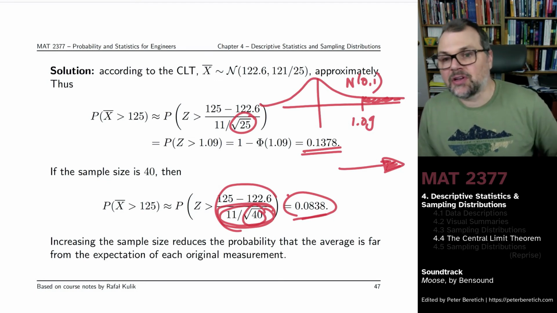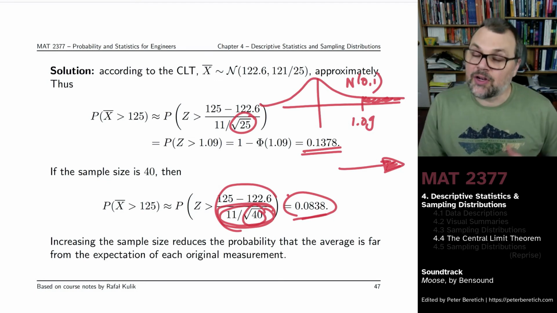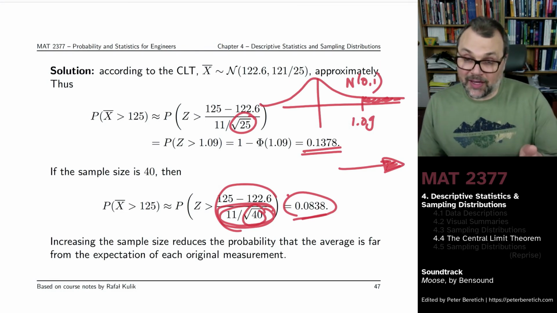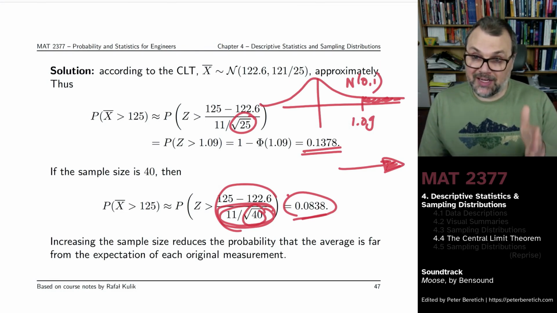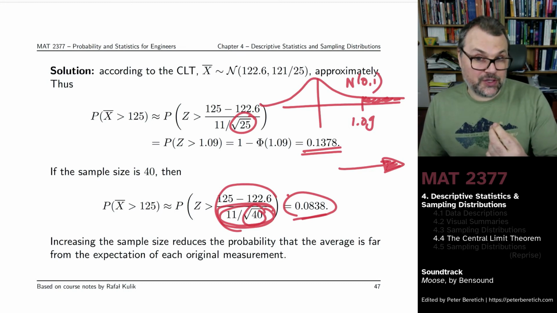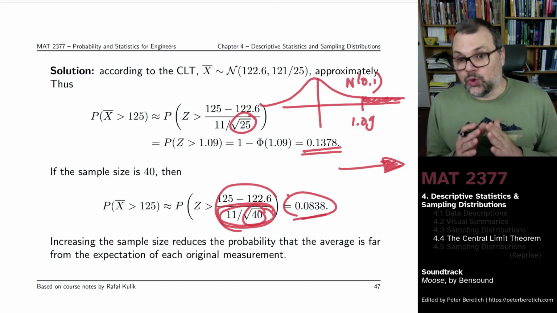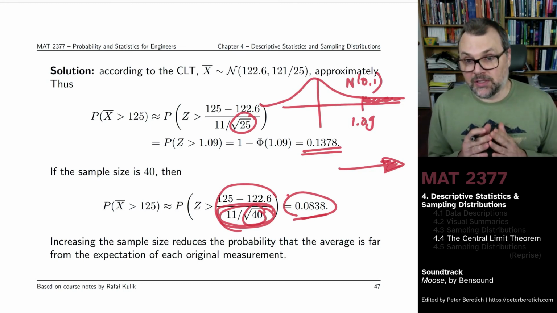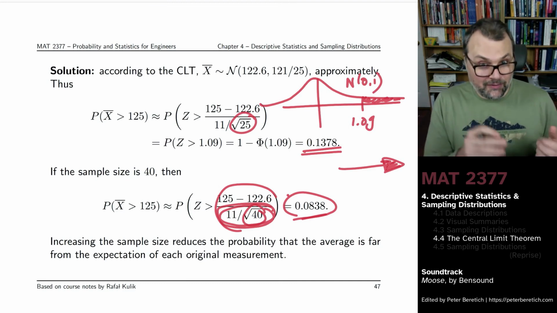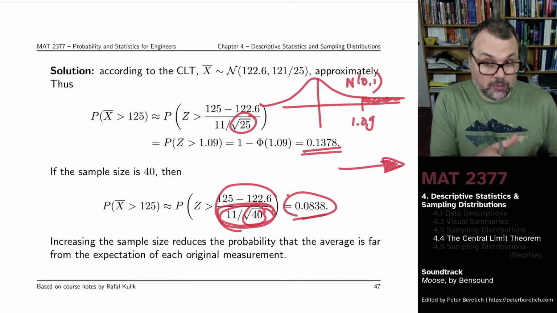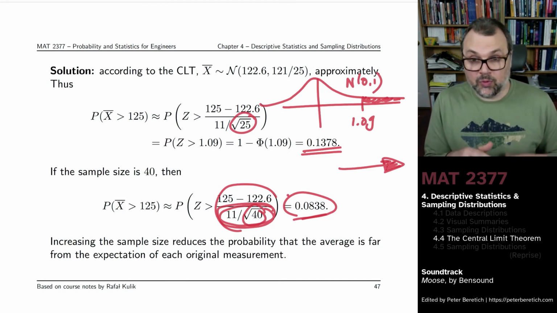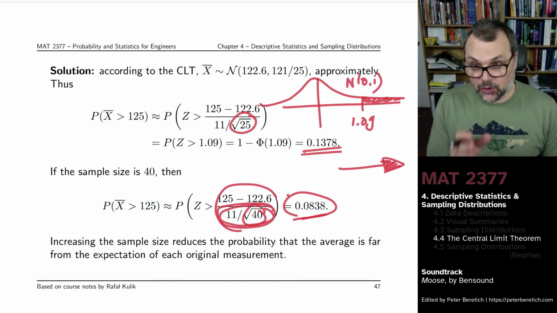Later we'll talk about confidence intervals. We'll have another way to quantify this property, that having more observations in your sample reduces the probability that your average or the quantity that you're trying to compute for the sample will be far from the actual expectation.